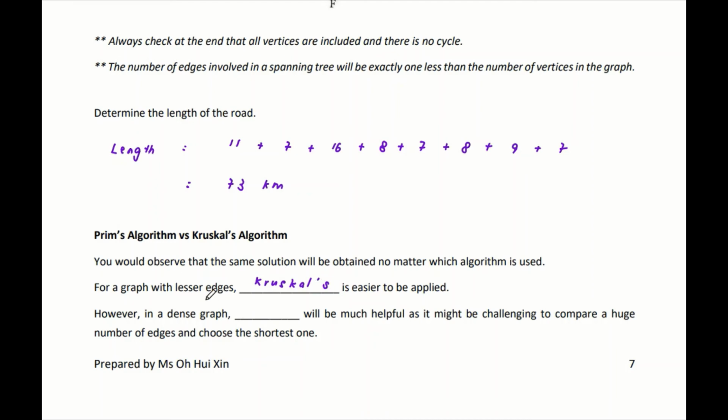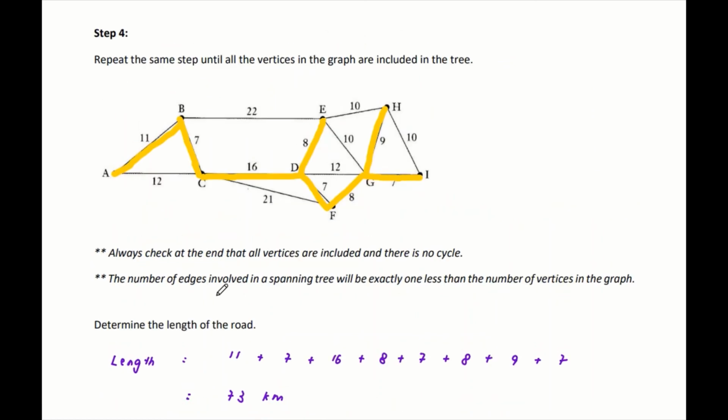However, in a dense graph, you can imagine if I'm having a graph with like 100 edges, so it's a very huge graph. If I'm having like 500 edges, you realize that it will be very hard to do Kruskal because you would have to compare between like 500 edges to find the shortest one.